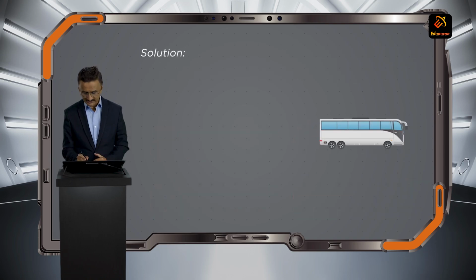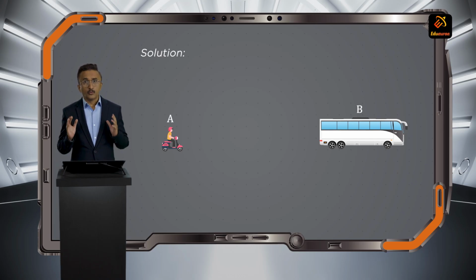So we have the bus over here and we have the person on the scooter over here. Suppose A and B. The person on the scooter is A, and the bus is B. What is given?